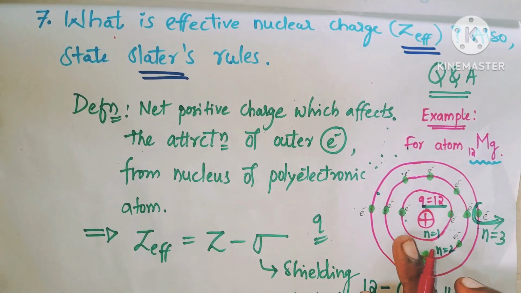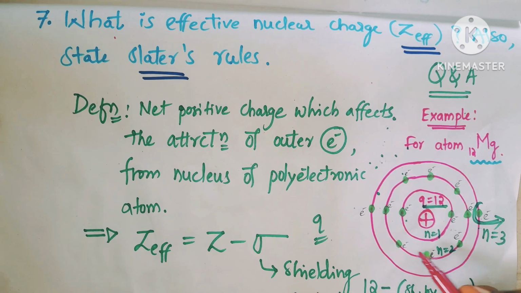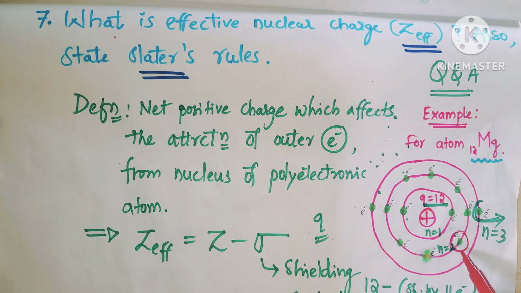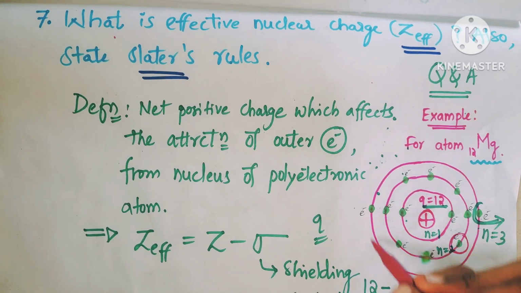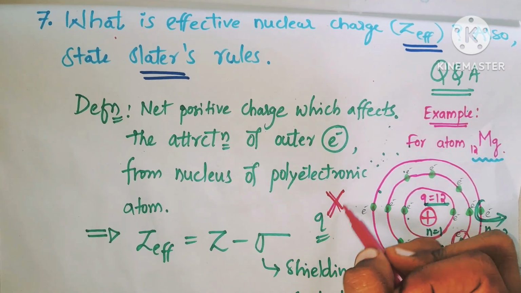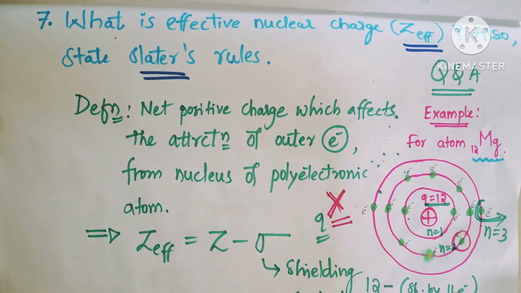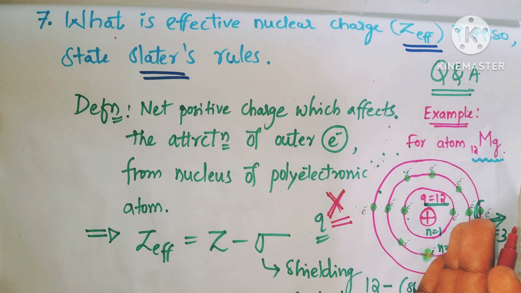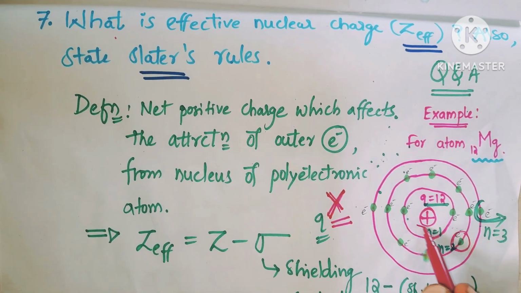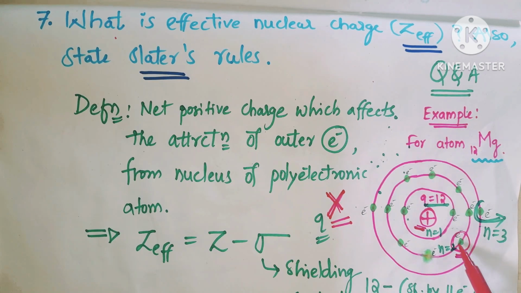Consider an electron at n is equal to 2, somewhere in the 2s orbital. If this electron is taken for calculating the shielding effect, the outer electrons will not be involved in the shielding effect, because they are present away from the nucleus, whereas for shielding there should be electrons in between the nucleus and the considered electron.